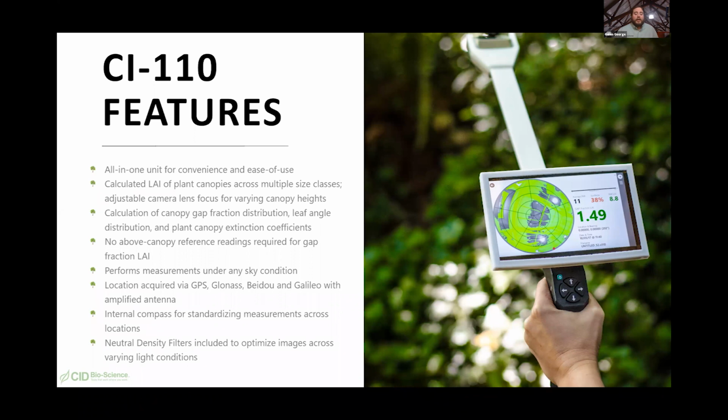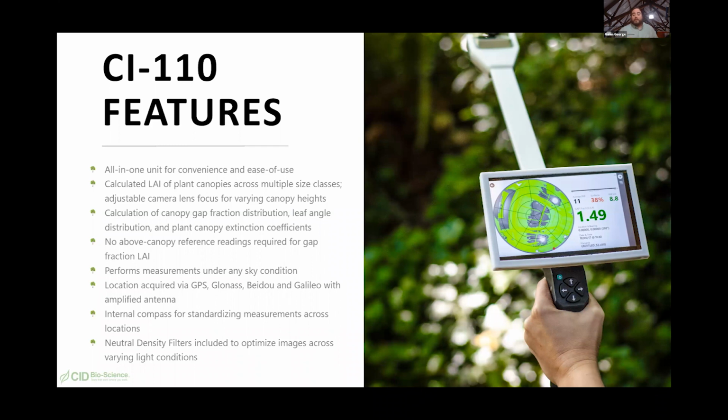And then some other features are that you can perform these measurements pretty much under any sky condition. And when you take these measurements, you instantly are able to see on the screen your location that's acquired via 4 different methods due to our amplified antenna. And the internal compass is great for standardizing your measurements across locations.